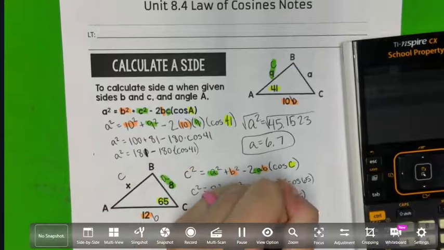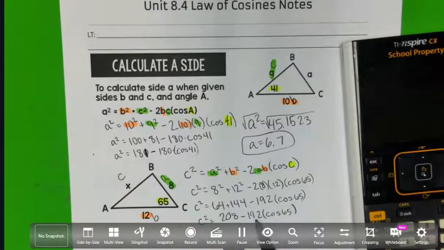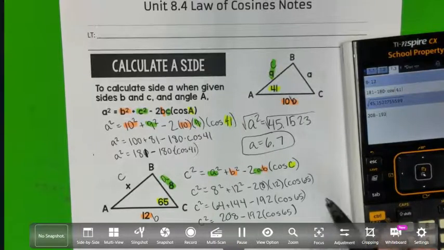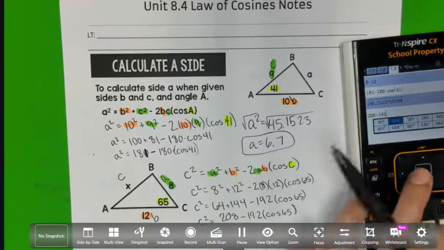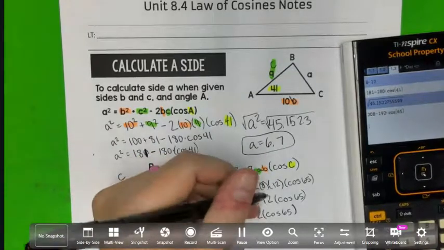Make sure you don't put 208 minus 192 in the calculator and then multiply, because you're going to multiply first because of PEMDAS. I'll put the whole thing in the calculator. These calculators are smart and they know PEMDAS. You get approximately 126.857.